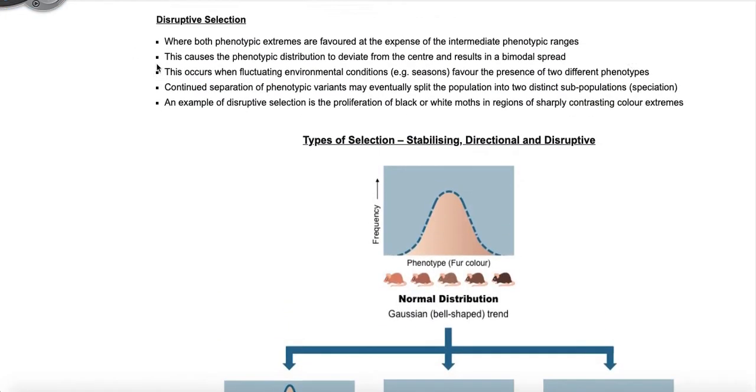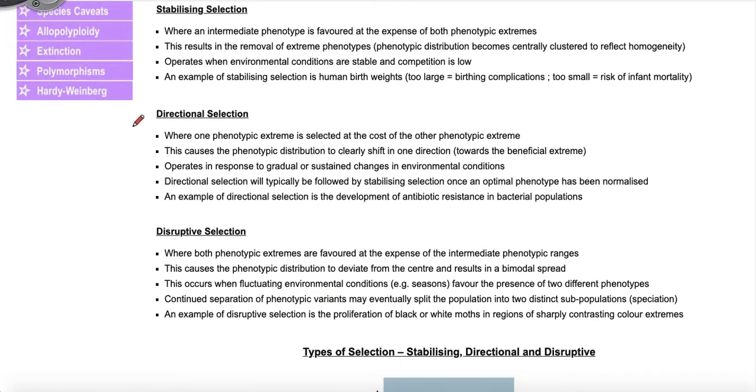All right, so the second type of selection is directional selection, and this is where you favor one phenotypic extreme at the cost of the other phenotypic extreme. So you are shifting your phenotypic distribution in one direction towards that beneficial extreme.